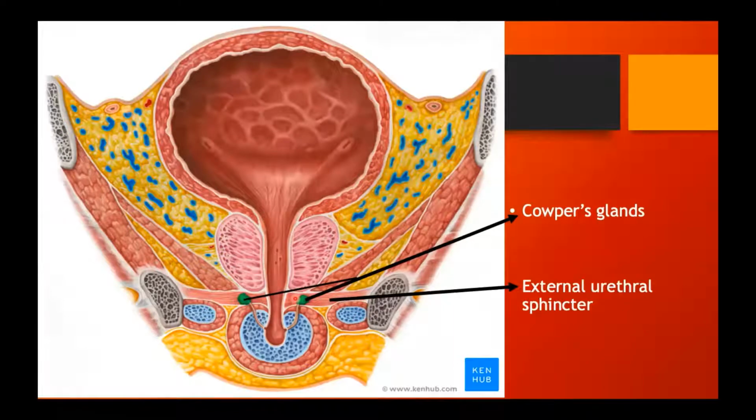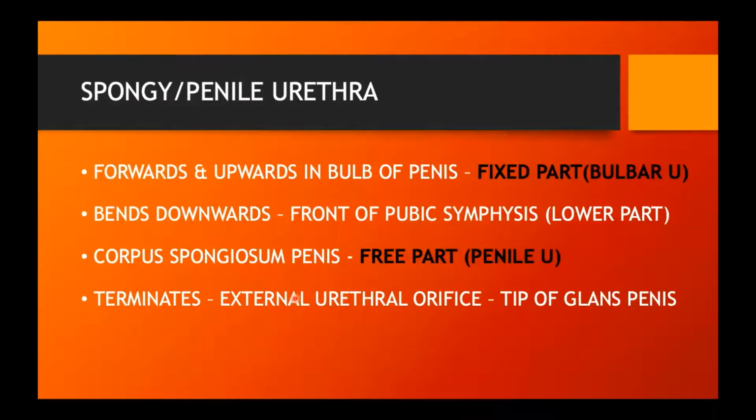Coming to the penile urethra or the spongy urethra. So after entering into the penis, it has a course of forward and upward in the bulb of penis, which is nothing but the fixed part, or we can call it as bulbar or the bulbous urethra.